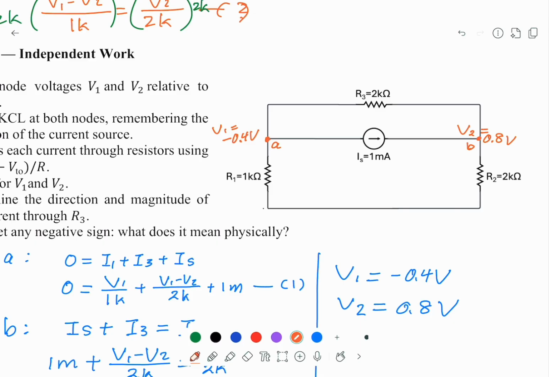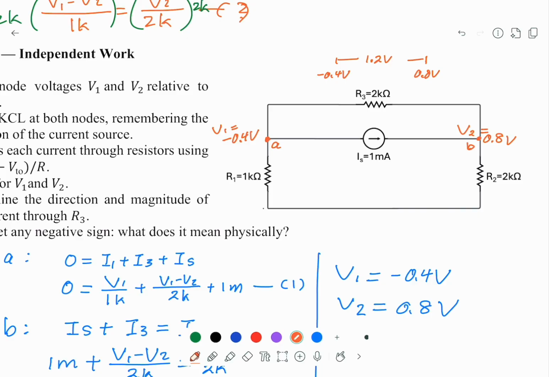Okay, let's look at the current passing through R3. V2 is higher than V1 actually. So the potential difference is, this is 0.8 volt, this is minus 0.4 volt. So the difference here is 1.2 volt.